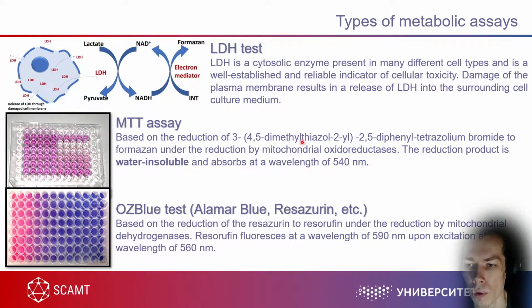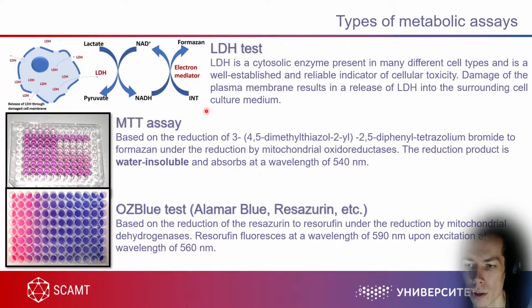In other words, I don't know if this term is used in English, in some cases it's called not even metabolic activity, it's called breathing activity, because for cells, mitochondria are like lungs, and the cell needs to breathe to produce some ATP and some energy. But the reason for the decrease of mitochondrial activity cannot be obtained during these tests. So you cannot understand what happened to your cells. You just can say that something has happened.